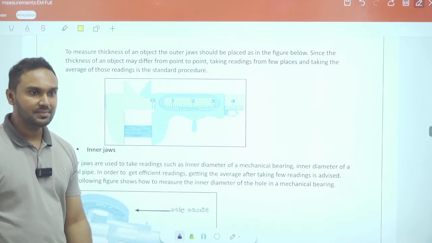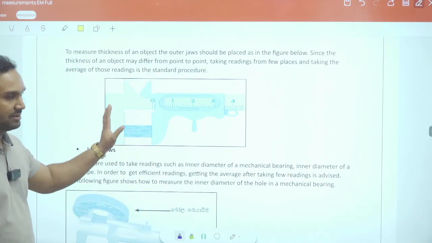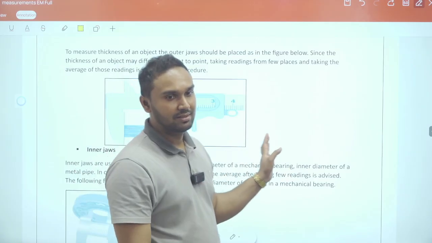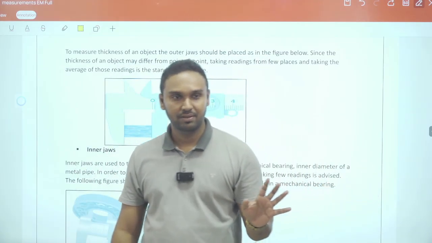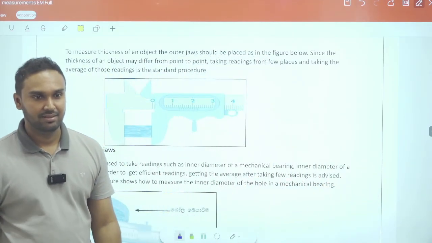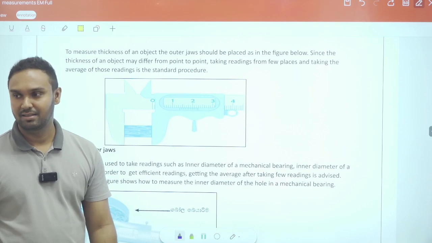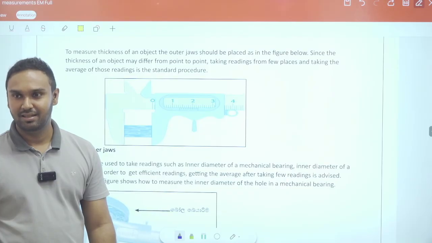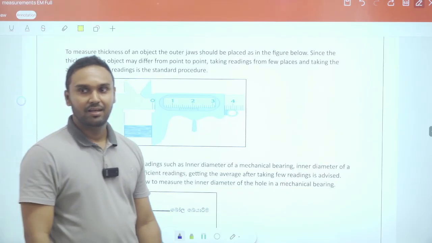So that is how you measure a thickness or a length of an object. That is the thickness. Fine, you measure it. How do you measure it? Now we'll come to that.